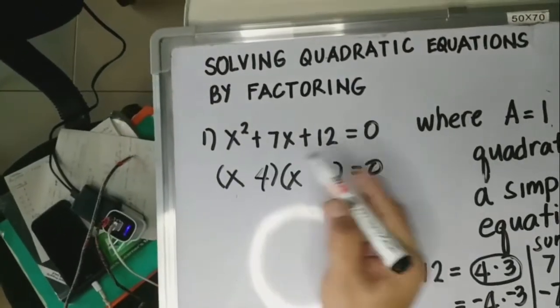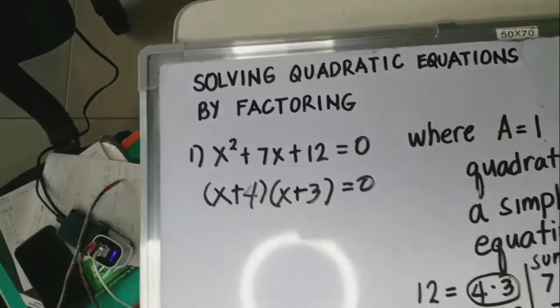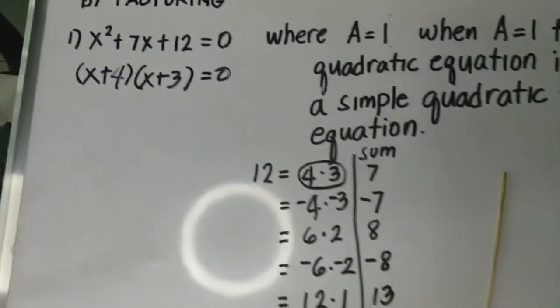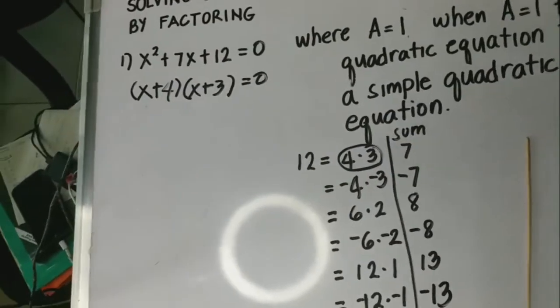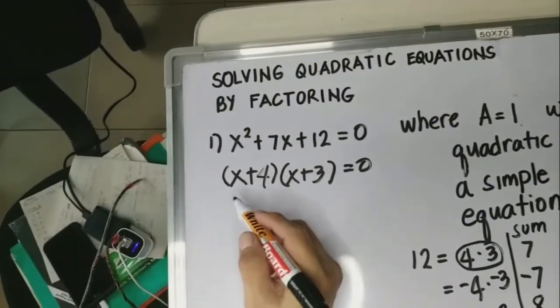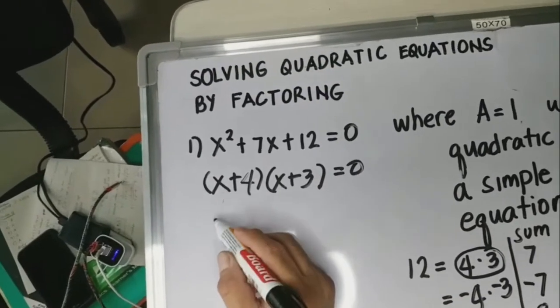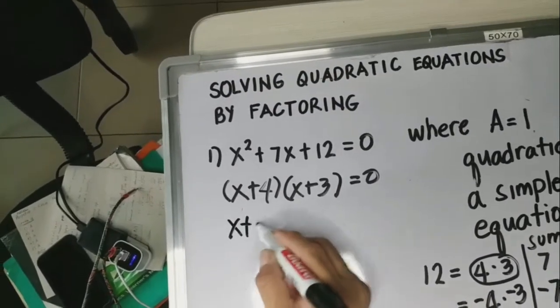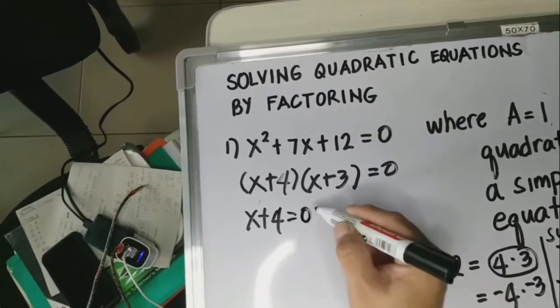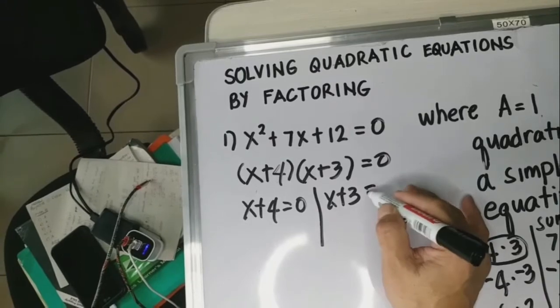After writing the binomial factors, then use the zero product property or the zero factor property. x plus 4 equals 0. Then x plus 3 equals 0.